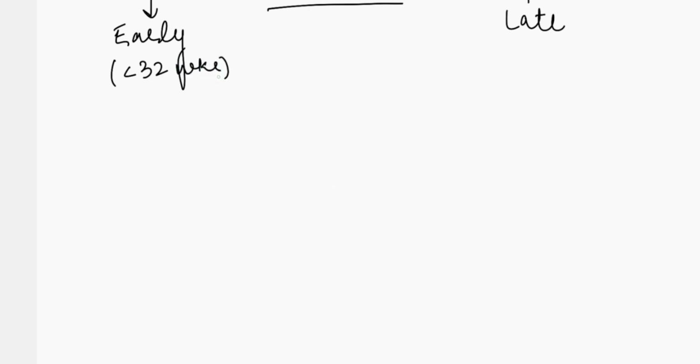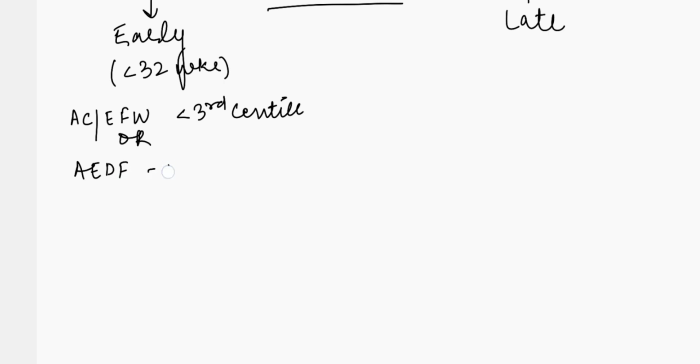At any time less than 32 weeks, if you find that the abdominal circumference or the expected fetal weight of the baby is less than the third centile, or there is absent end diastolic flow in the umbilical artery, or if AC or EFW is less than the 10th centile, so this is SGA.